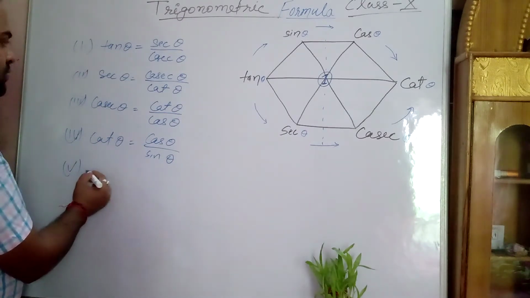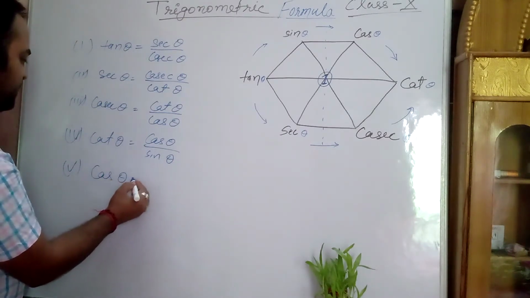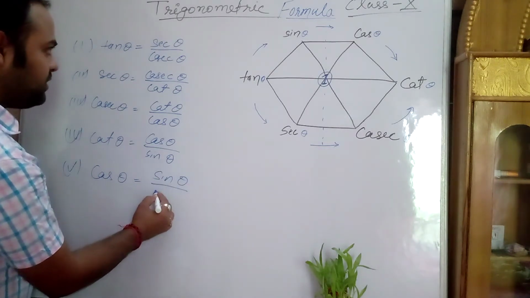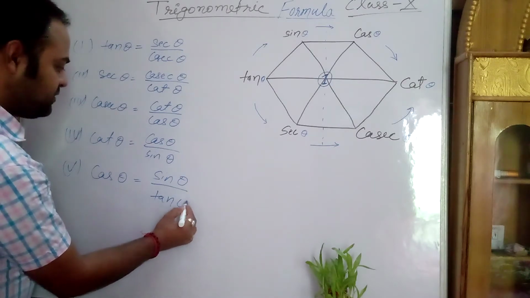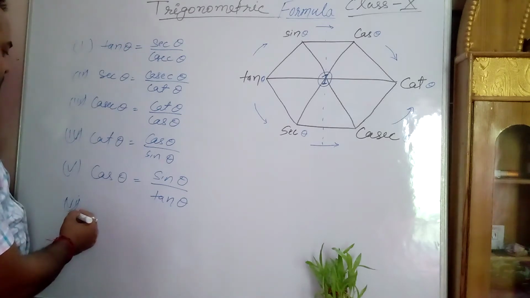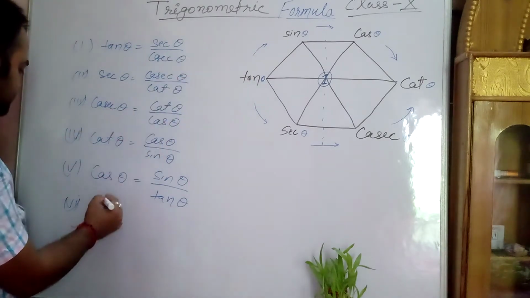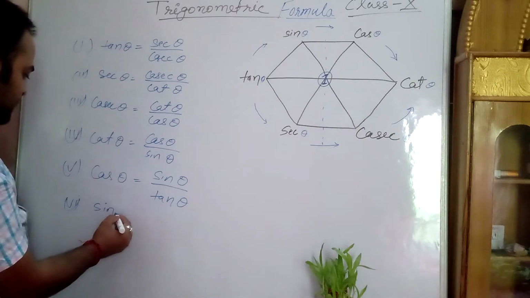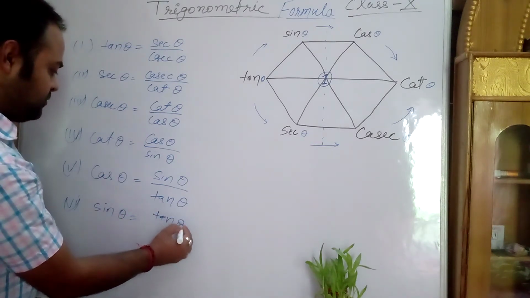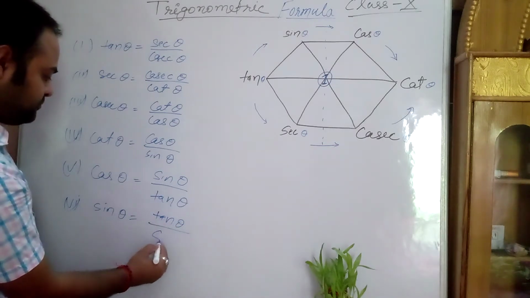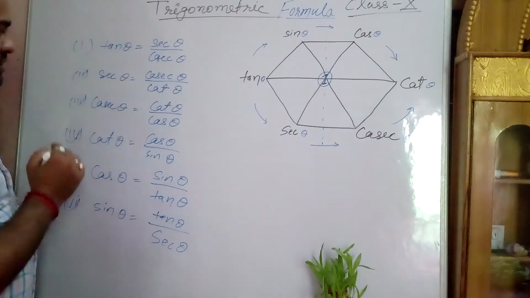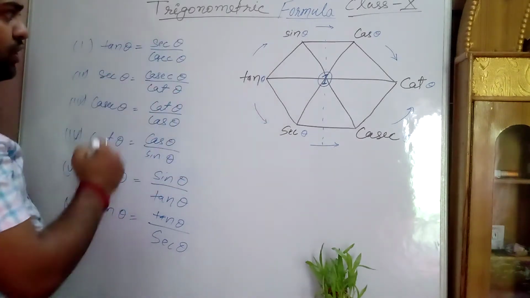Fifth, cos theta is equal to sin theta by tan theta. And the sixth, last, sin theta is equal to tan theta by sec theta. These are the 6 anti-clockwise rotation formulae.